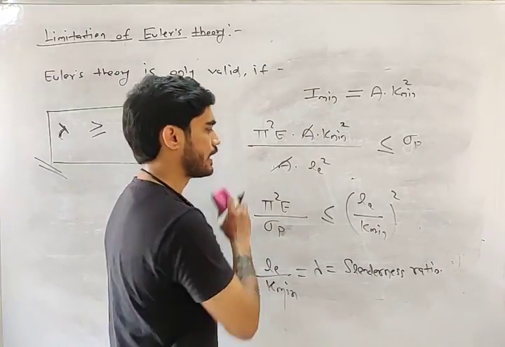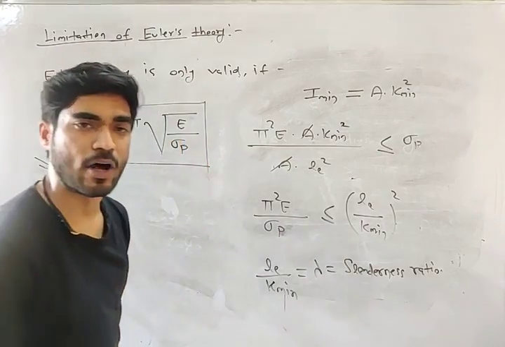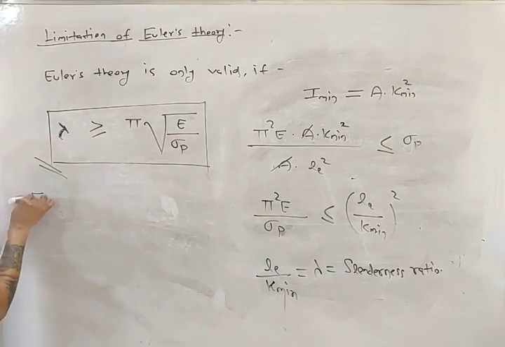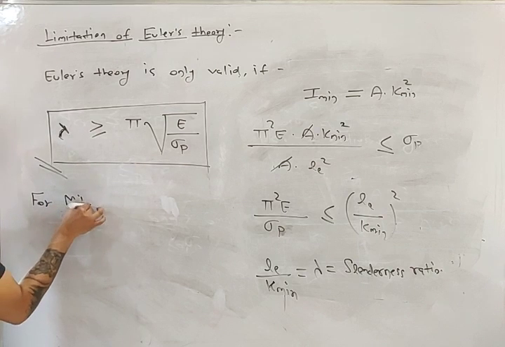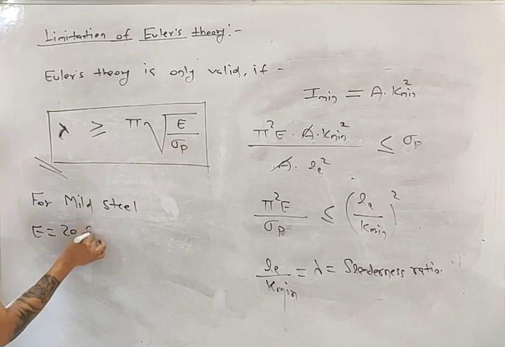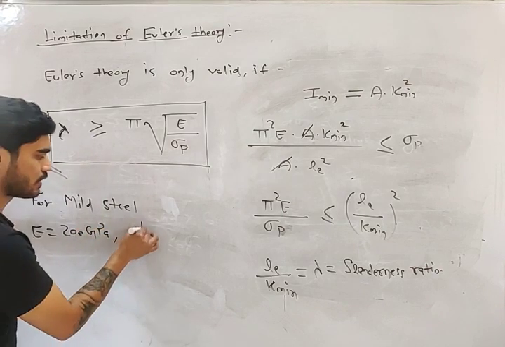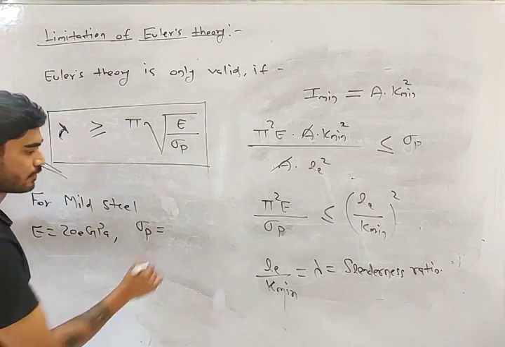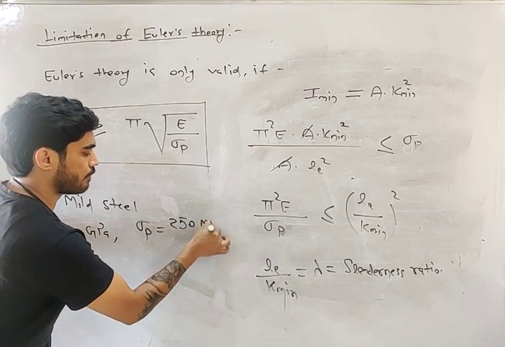Let's say your material is mild steel. For mild steel, Young's modulus is 200 gigapascal and sigma p is around 250 megapascal.